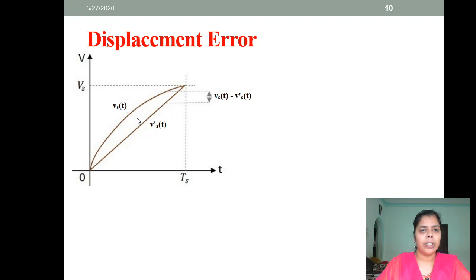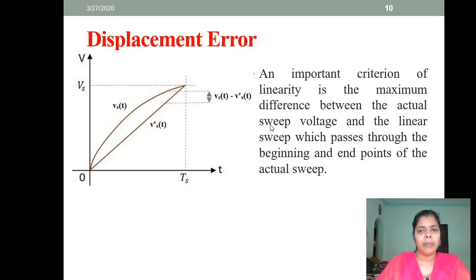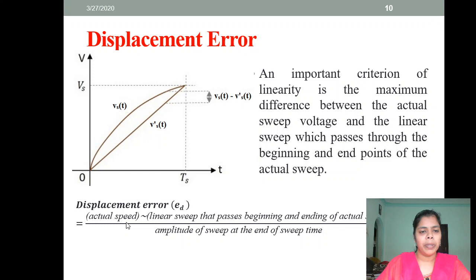So there is a small deviation from the required signal. This deviation is calculated as displacement error. So mathematically it is represented as the difference between the actual sweep and the linear sweep that pass through the beginning and ending of the actual sweep, divided by amplitude of sweep at the end of sweep time.